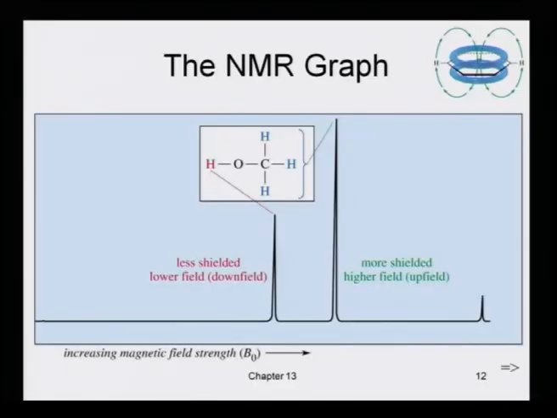Now, when we look at the same example of methyl alcohol, you will see that the less shielded OH will come downfield, and the more shielded will come upfield. So, what is this upfield and downfield?